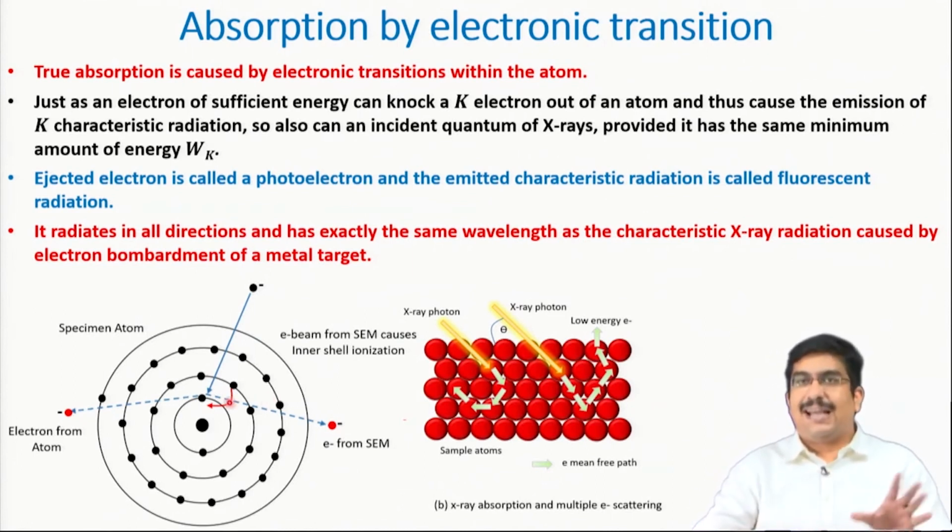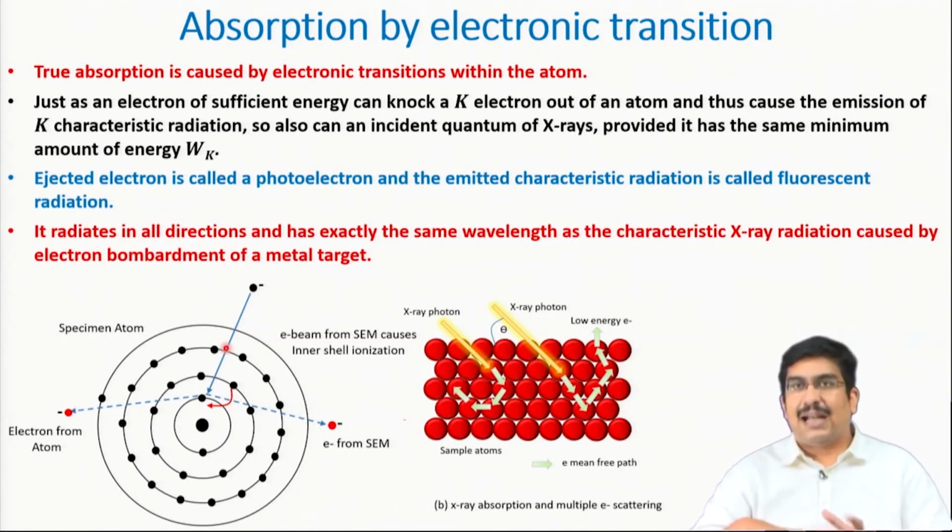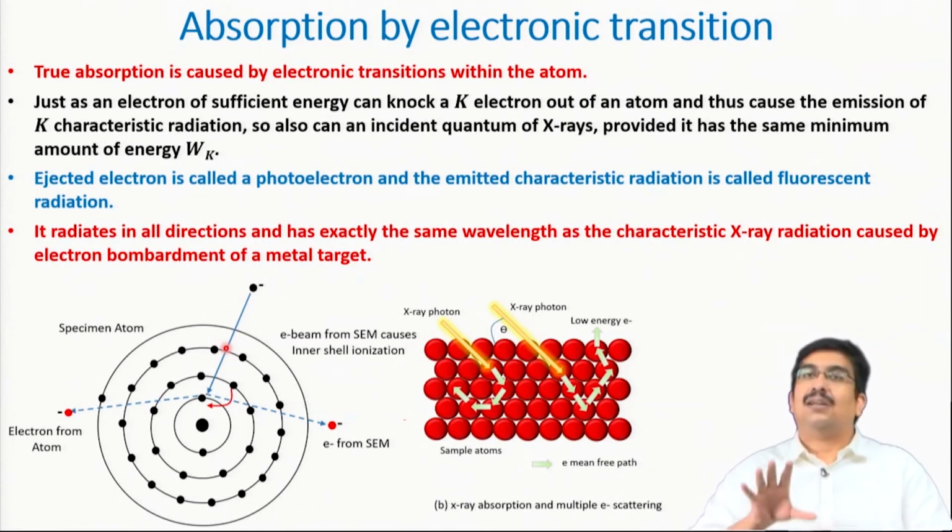Okay. So, just like an electron of sufficient energy can knock a K electron out of an atom, and that can cause an emission of K characteristic radiation as a secondary effect, the same thing can be done by an X-ray photon, if it contains a certain minimum amount of energy, W_K, which is basically the binding energy of the K shell electrons.